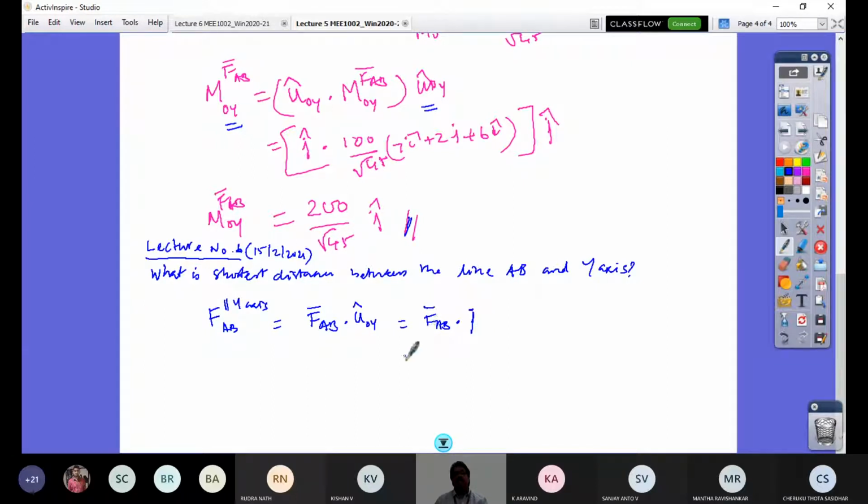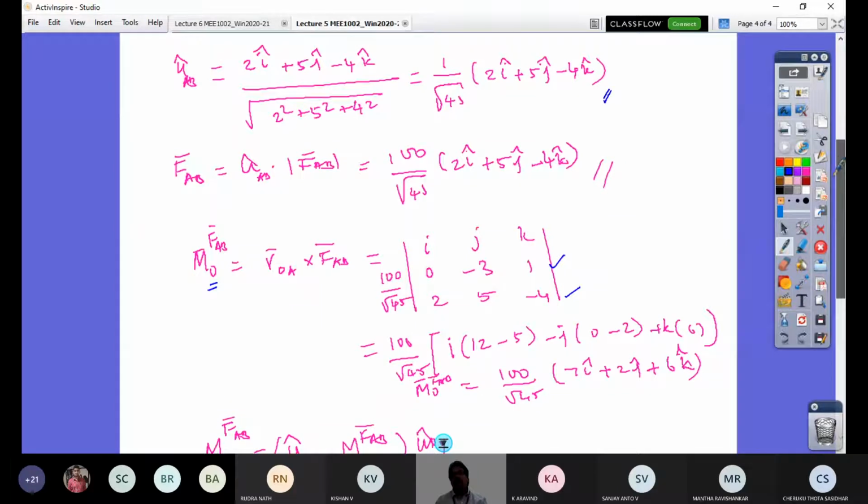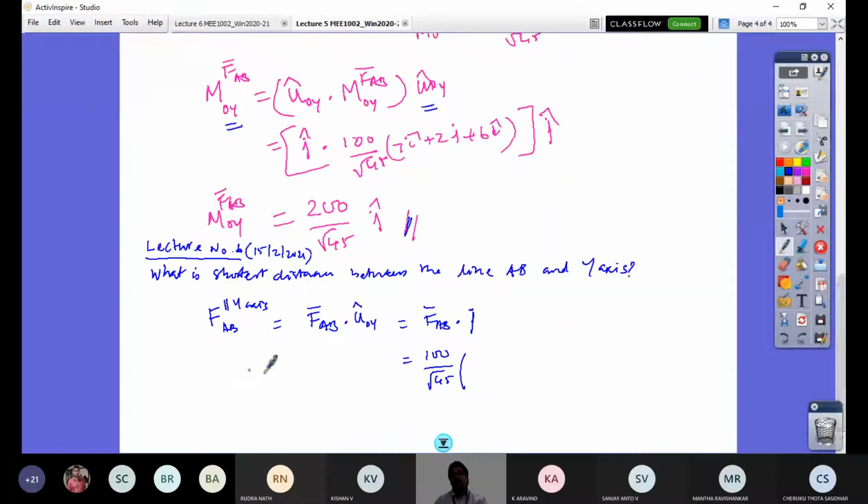So what is the FAB vector? I already had 100 by root 45 times the unit vector we found for that force, which is 2, 5, minus 4. So it is 2i plus 5j minus 4k, dot j vector.